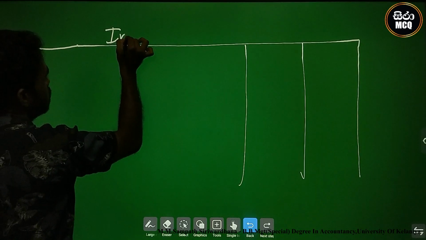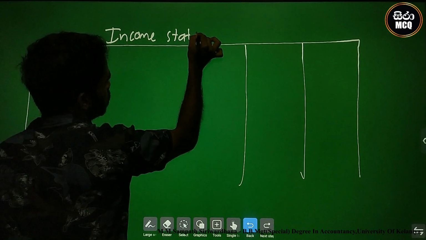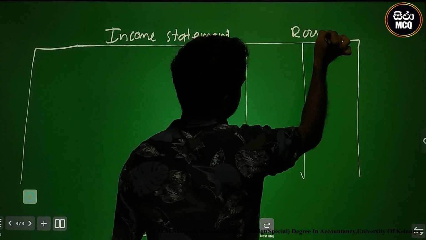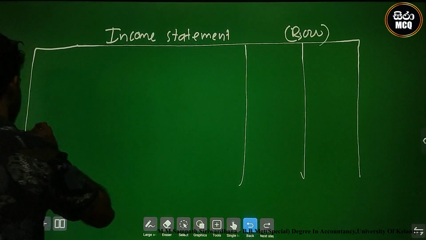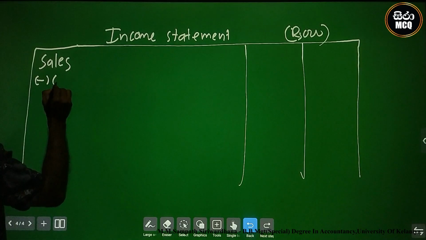This is the income statement, in rupees 1000. At this time, this is the sales minus cost of sales.